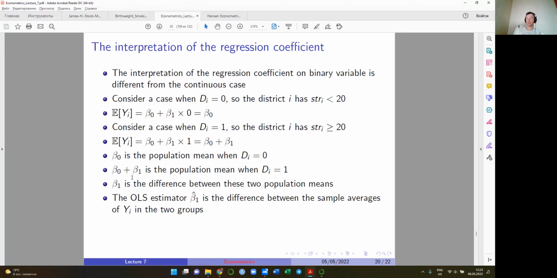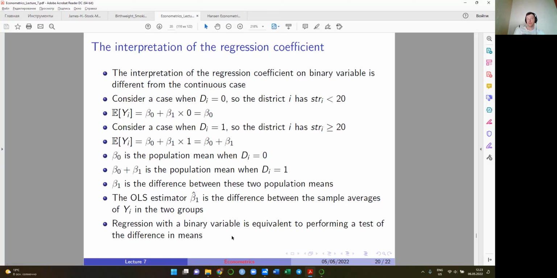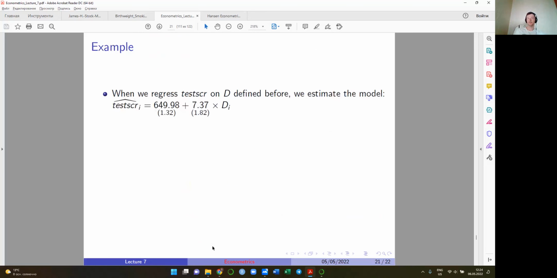And the two results will coincide. So the regression with a binary variable is fully equivalent to performing a test of the difference in means. The two methods are just copying each other. And after this, we will see this on real data. So we will compare the two results.